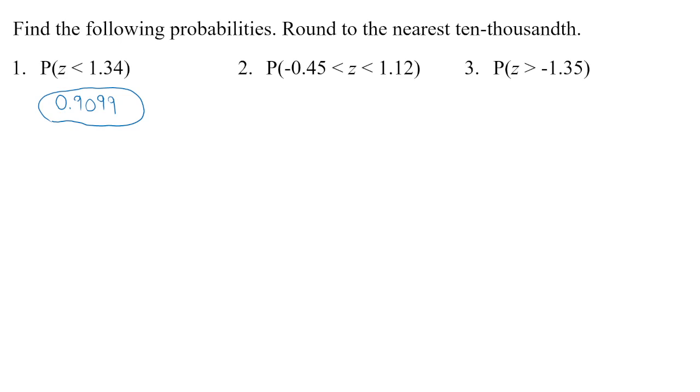The first probability is for 1.12, and that probability is 0.8686, minus the probability for negative 0.45.